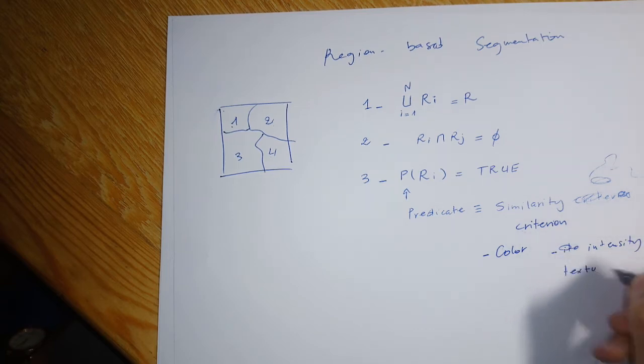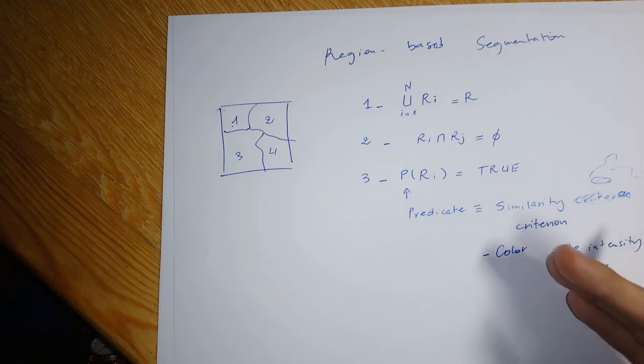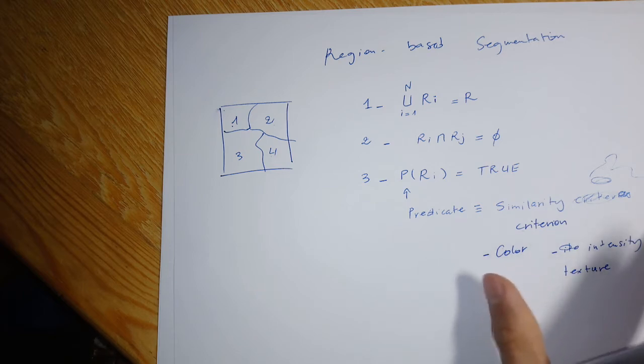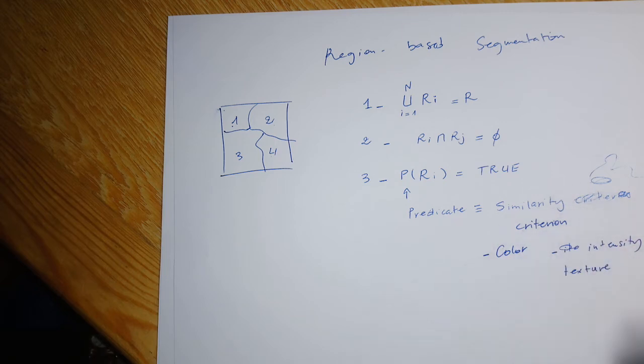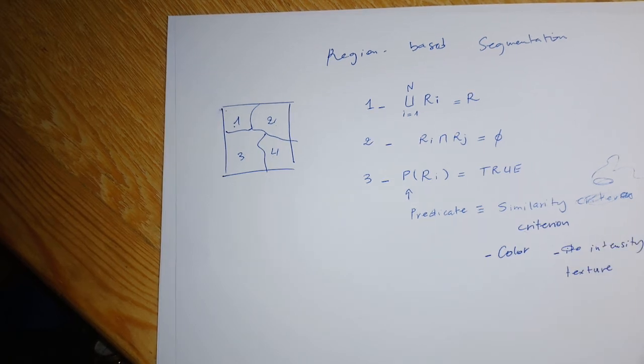So these are regional descriptors, and they are used in segmentation, and they are also used for other purposes. There are independent topics that deal with regional properties. And there are also properties related with the contour, with the boundary, not only with the region. So we can also use that as a criterion, right?